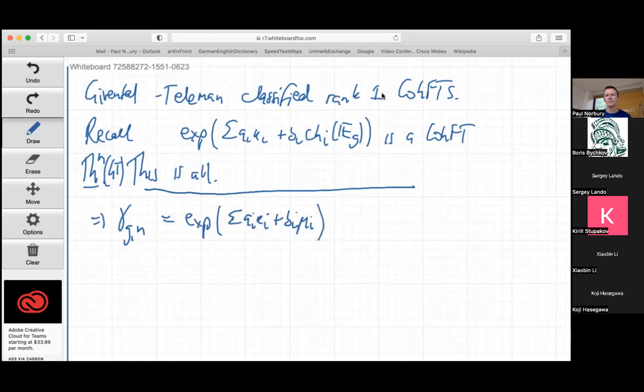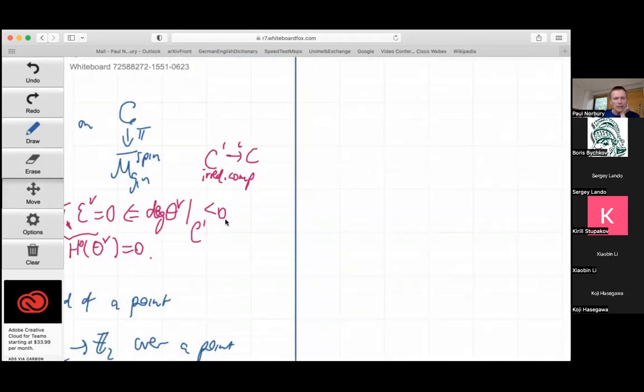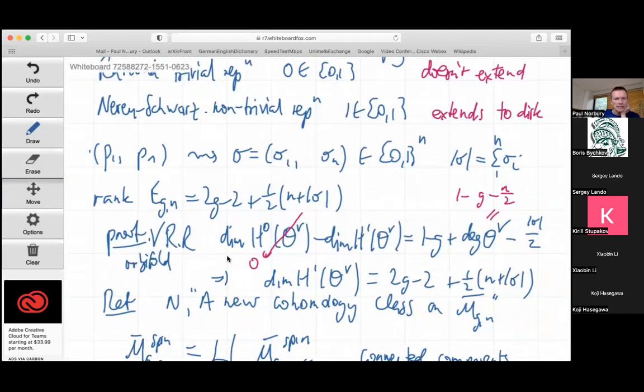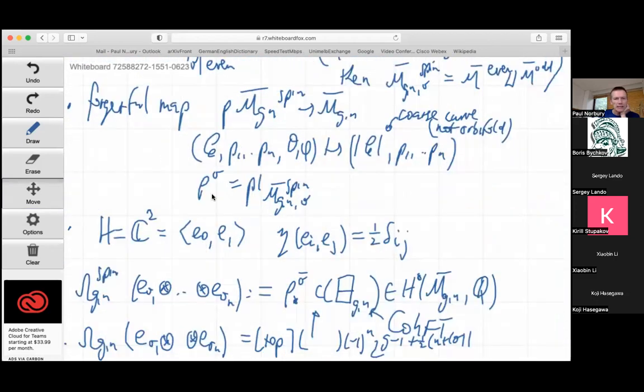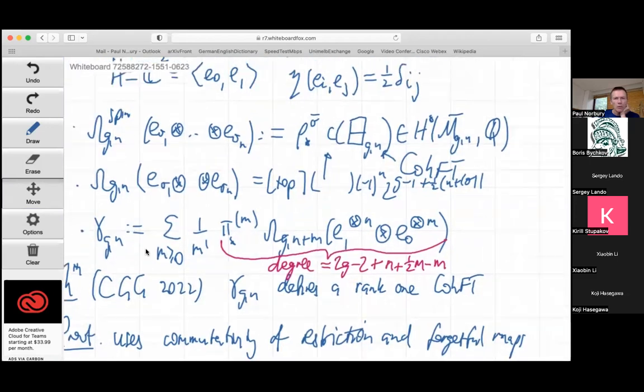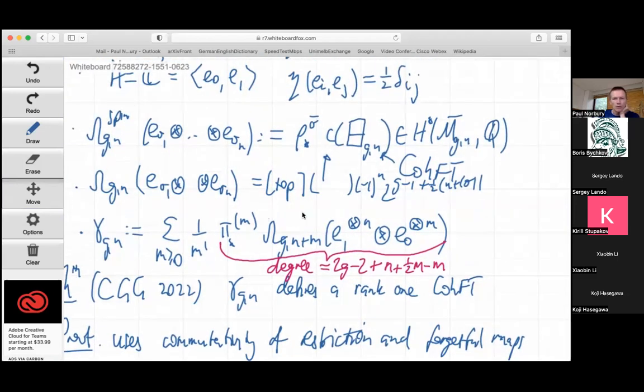Okay, so now I don't want to recall what omega_{g,n} is, so I'll just move really quickly. Remember, this omega_{g,n} is this sum where we push forward all of these classes.